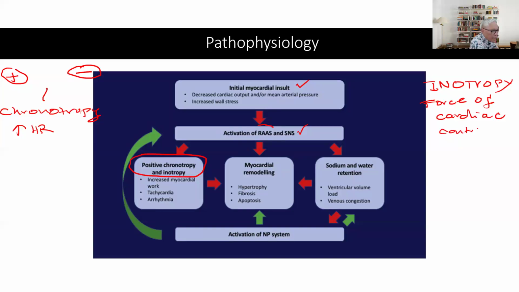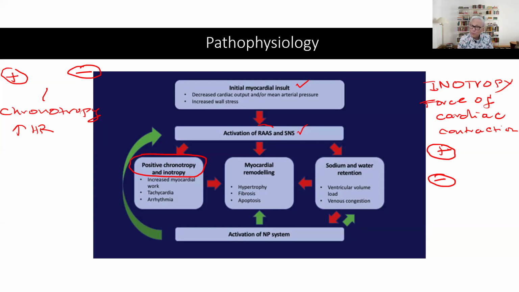Now, when we say positive inotropy, that means we increase the force of contraction. Negative inotropy means that we decrease the force of cardiac contraction. Give me a positive inotropic agent. What is a positive inotropic agent?